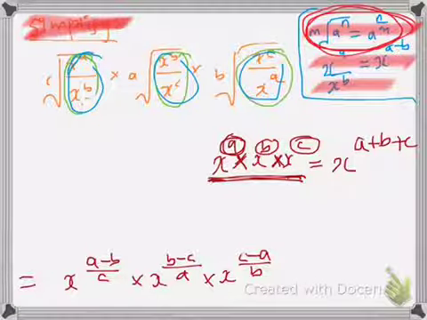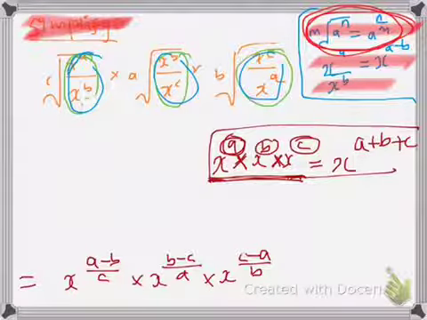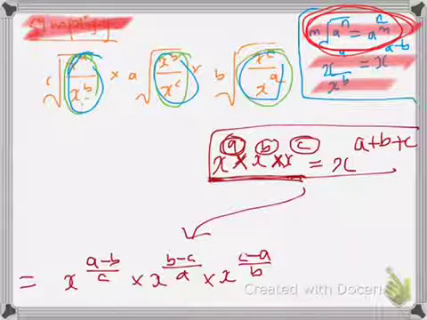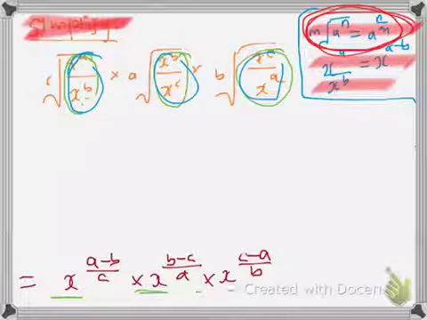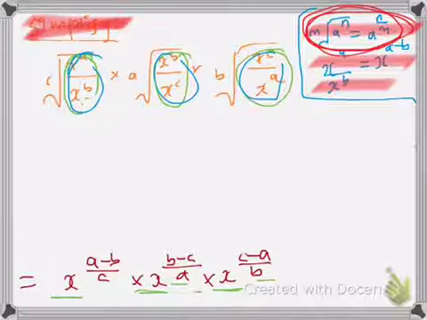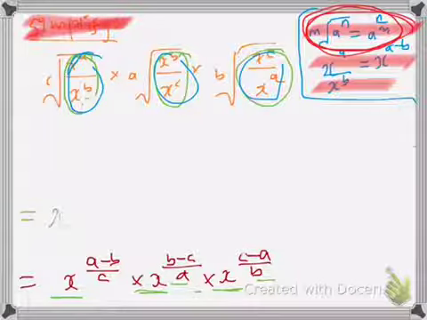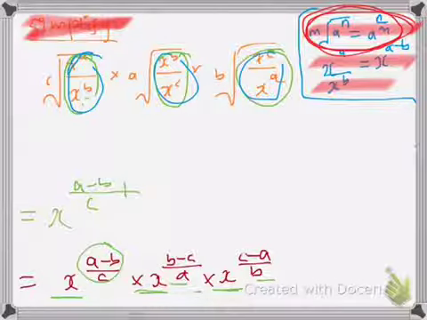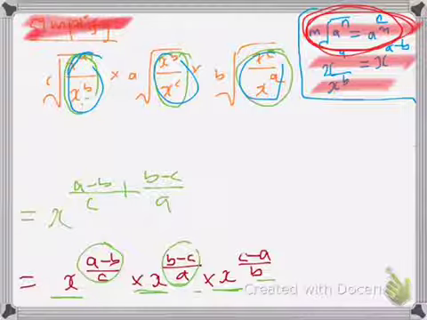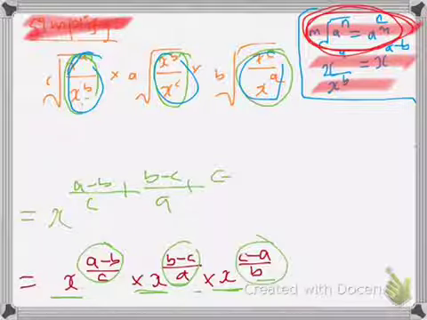This is another rule of indices we have to apply here to get our answer. Since our bases are the same and they have different powers, let us just add the powers. The first power is a minus b divided by c, plus the second power b minus c divided by a, plus the third power c minus a divided by b.